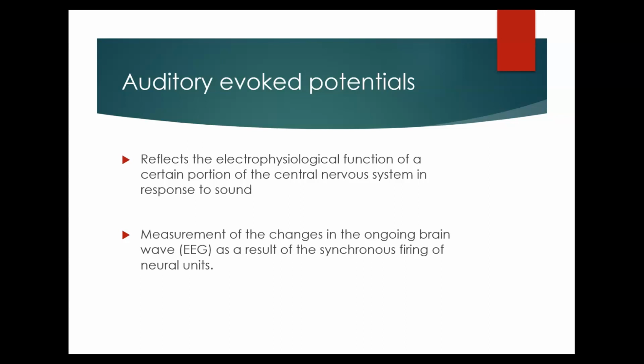These evoked potentials are measured as a result of the changes in the ongoing brain wave called an EEG, which is the result of the synchronous firing of neural units.